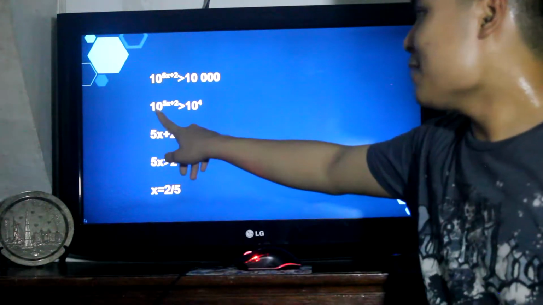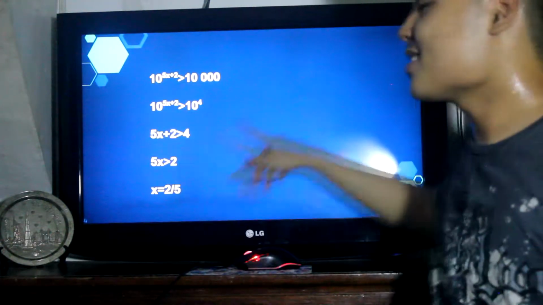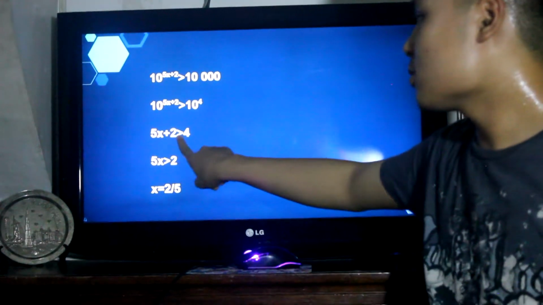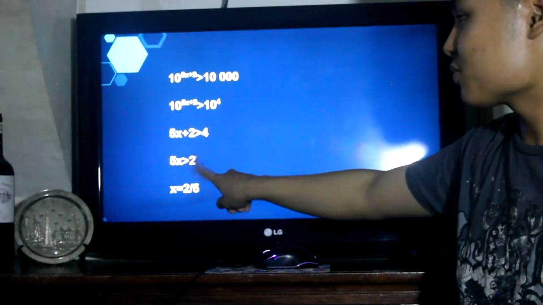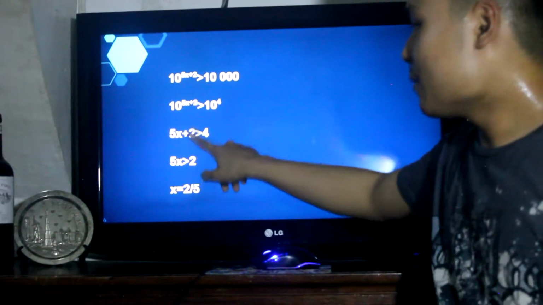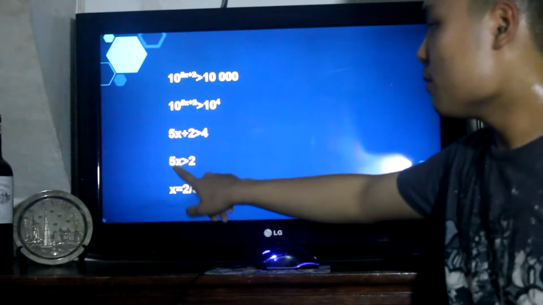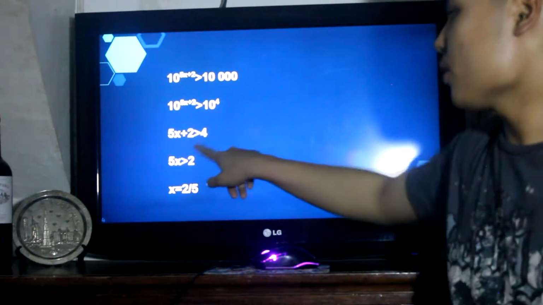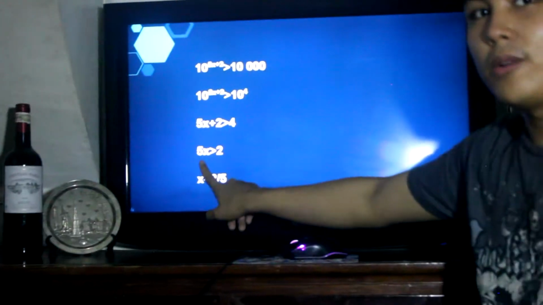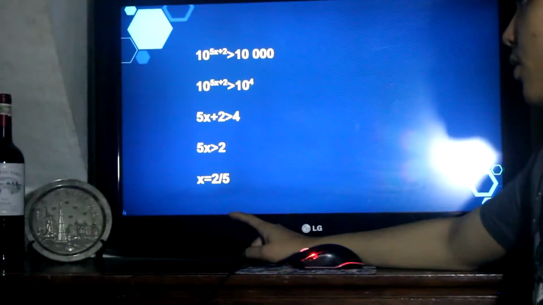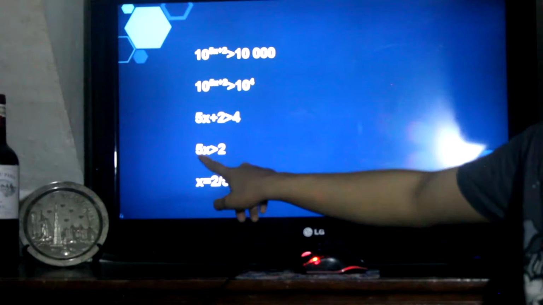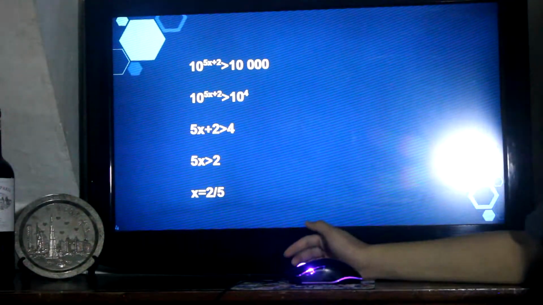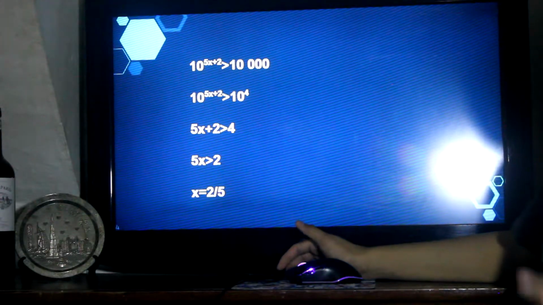So, same base na sila, pwede siyang i-disregard. So, kunin natin itong exponent: 5x plus 2 is greater than 4. Lipat na natin, transpose natin: 5x greater than 4 minus 2, or 2. Divide natin, makuha natin x is greater than 2 over 5.